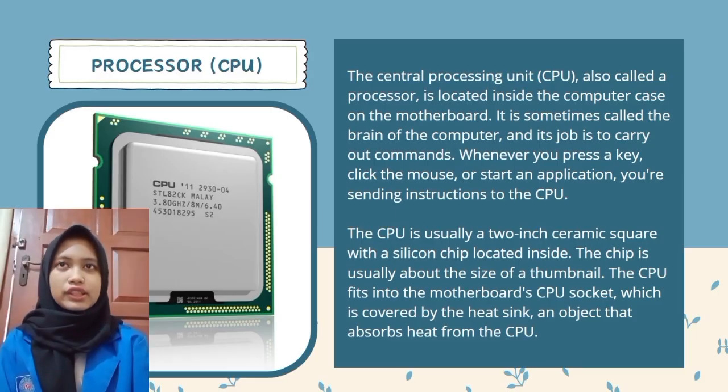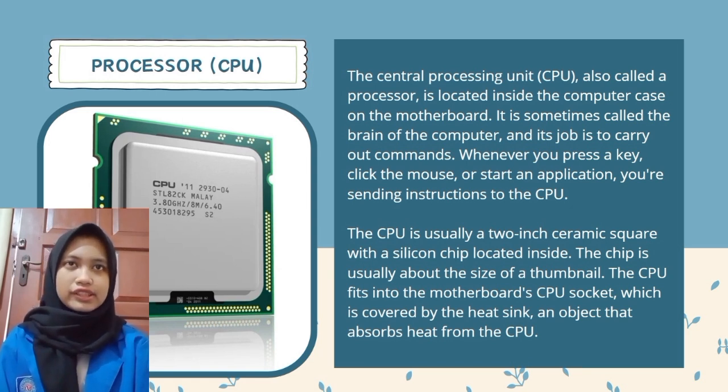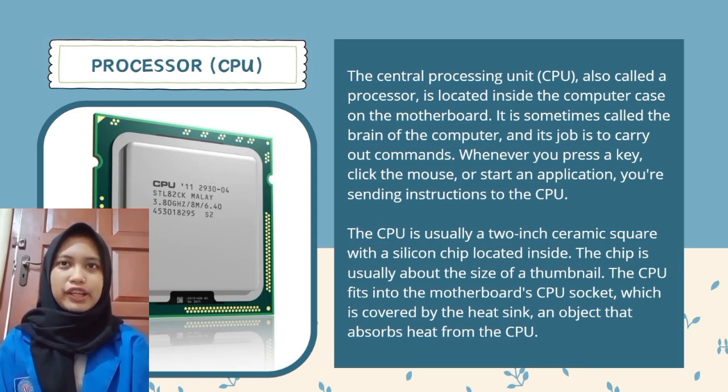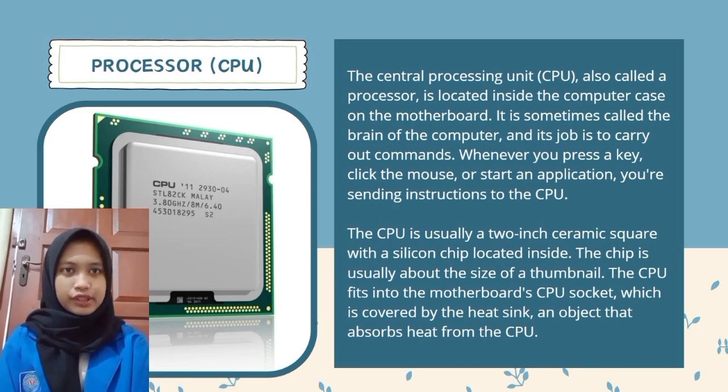Second one is the central processing unit, also called a processor, located inside the computer case on the motherboard. It is sometimes called the brain of the computer, and its job is to carry out commands. Whenever you press a key, click the mouse, or start an application, you are sending instructions to the CPU.